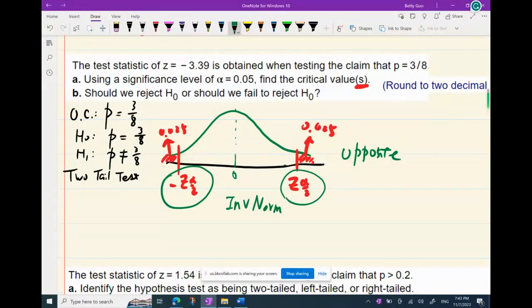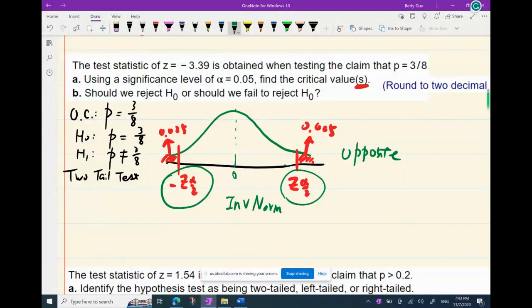Area, this time not 0.05 anymore, it is half of it, 0.025. By the way, if you have trouble calculating that, all you need to do is type 0.05, the given significance level, and then divide by 2, right in the calculator. The calculator will calculate everything for you. Then mu is 0, sigma equals 1. Paste.